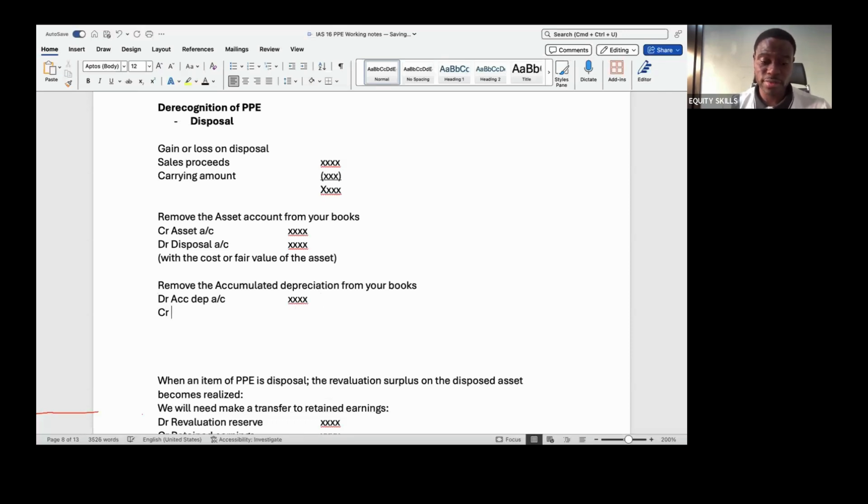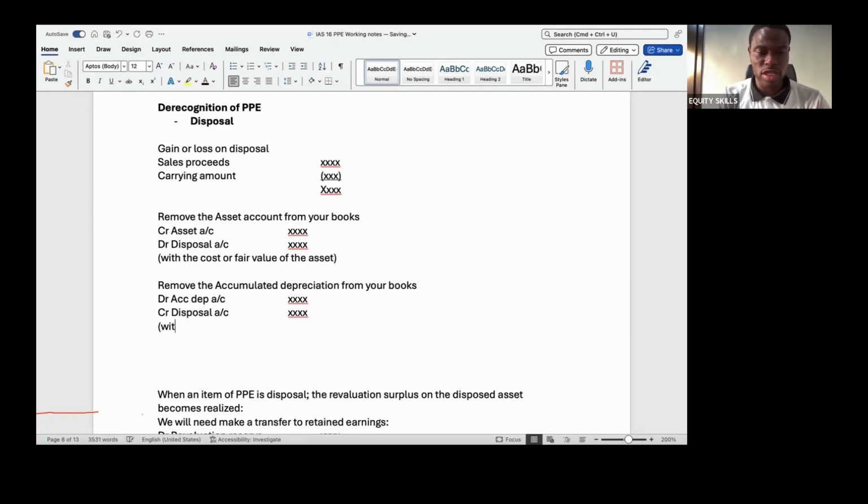Do you know what you credit? Disposal account. So with this now, you have removed the accumulated depreciation from your books. It's gone.